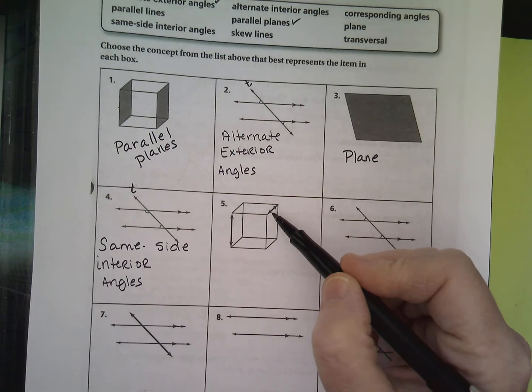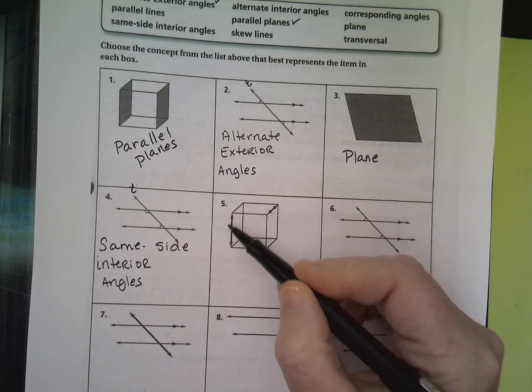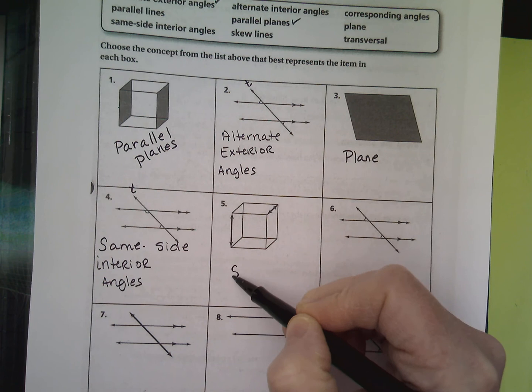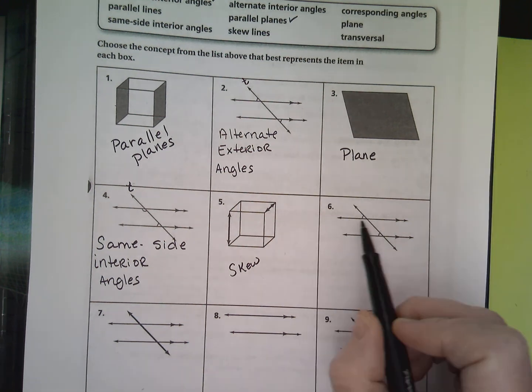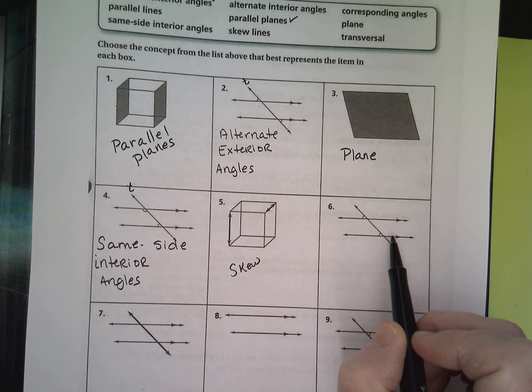The lines here, this line and this line, they are skew. Skew lines are lines that never touch, but they're not parallel because they're not in the same plane. Number 6 is another picture of parallel lines cut by a transversal.